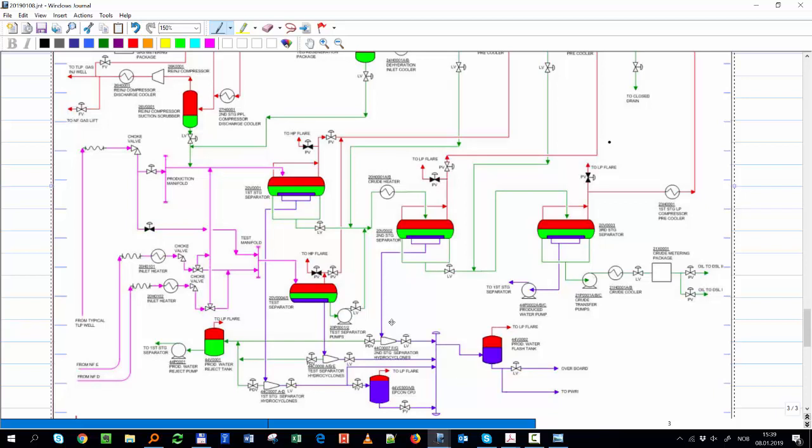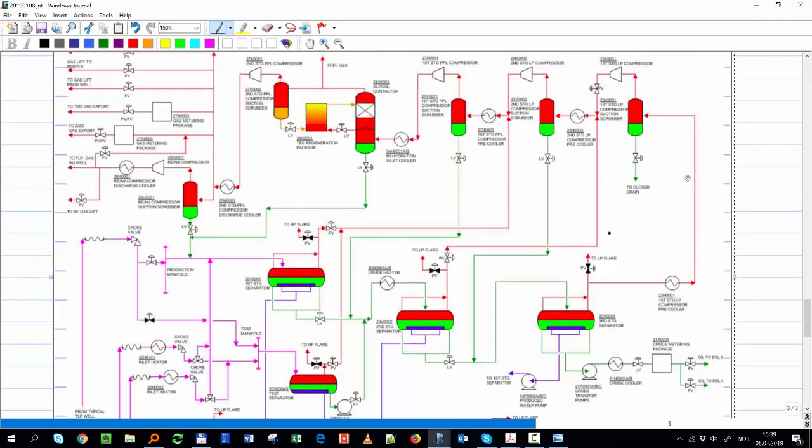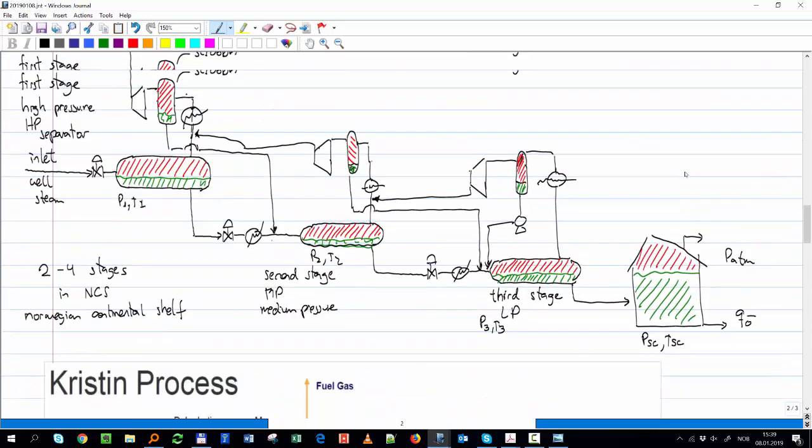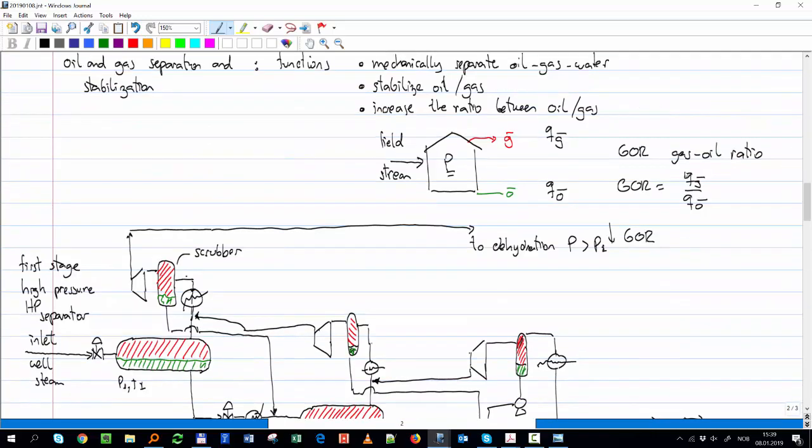Another thing I wanted to say, be careful. You might have what they call the three separators. That's what I sometimes call the processing train.